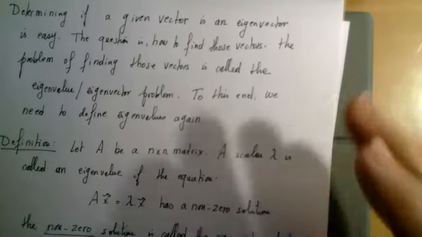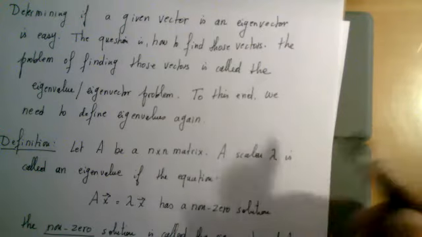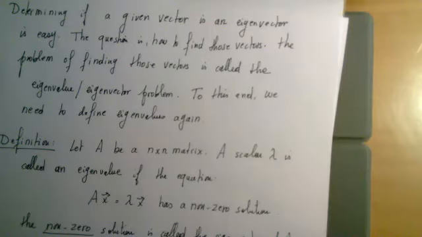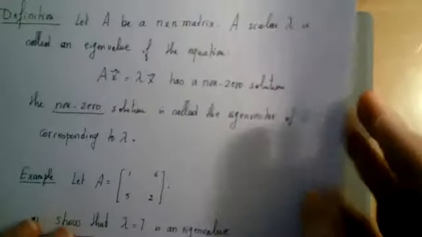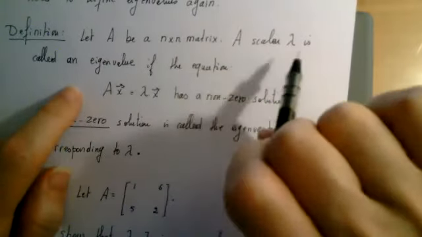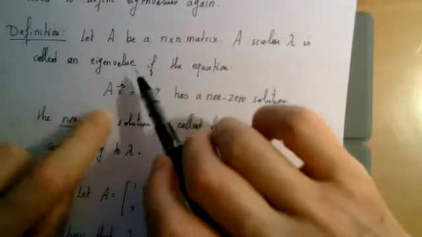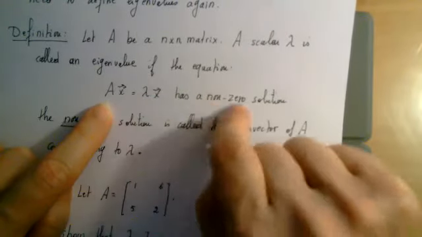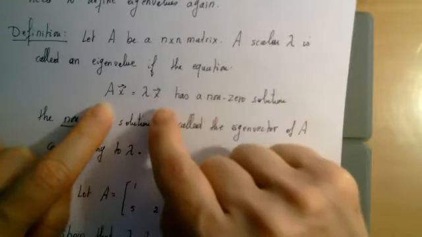To be able to solve this problem, I'm going to go back and define eigenvalues again, because to find the eigenvectors, first I need to find the eigenvalues. It means I need to find the scalar lambda. So we start with the definition and then work toward it. What's an eigenvalue? Let A be a matrix. A scalar lambda is called an eigenvalue if the equation Ax = lambda x has a non-zero solution. So I take a number lambda.